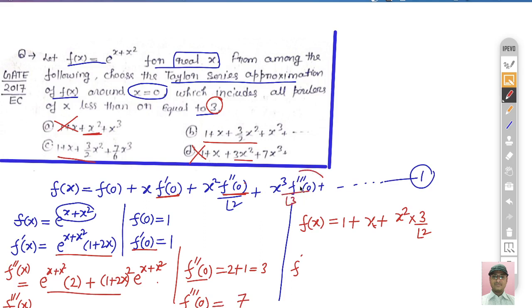So f triple dash 0 is basically 7, so plus x cube, and this is basically 7 upon factorial 3. Factorial 3 is 6. So this option is basically correct. This cannot be true, right?